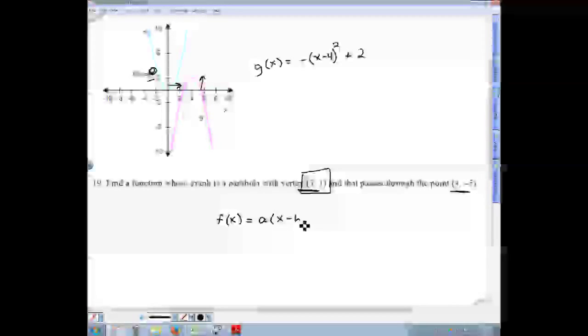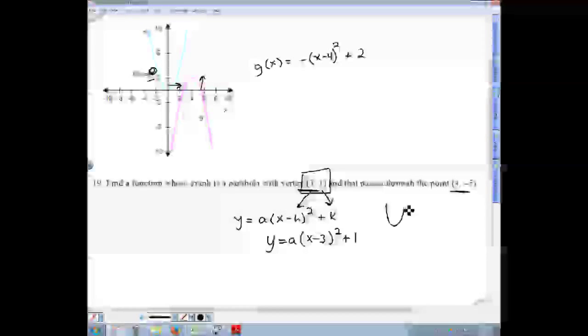So this is the equation of a quadratic in standard form, where the vertex goes in for h and k. So it's going to be x minus 3 squared plus 1. Now what we don't know, matter of fact, just to make this a little quicker, I'm just going to use y instead of f of x. What we don't know is this value of a.